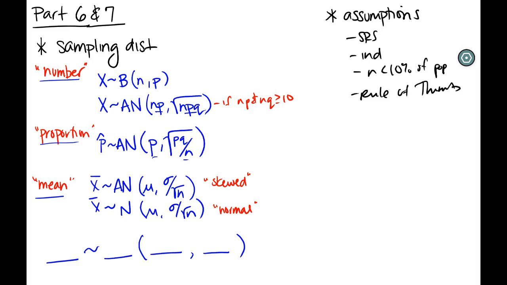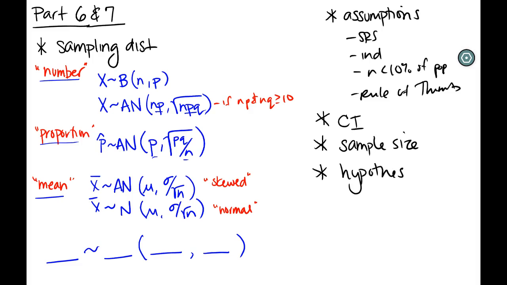After that, we did confidence intervals, sample size, and hypothesis testing. For each of these, I can break this down a ton, right? For our confidence intervals, you could create them on the test.